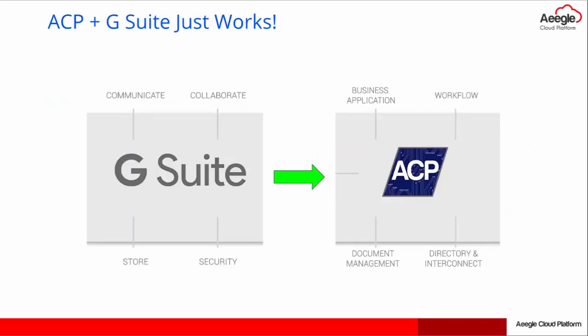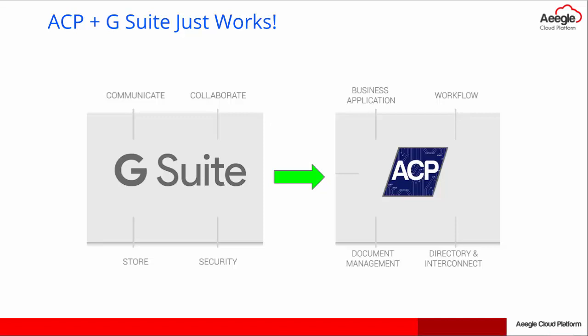So we say that ACP plus G Suite just works. ACP, or Aeegle Cloud Platform, is the natural step for G Suite customers when they go through the cloud transformation journey.